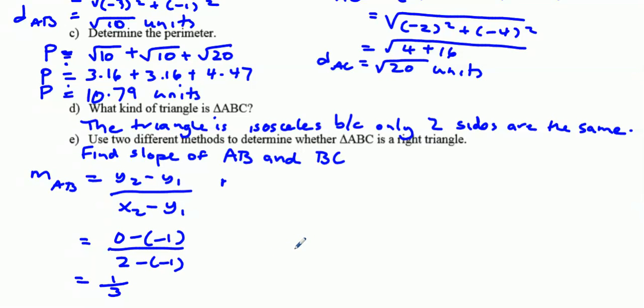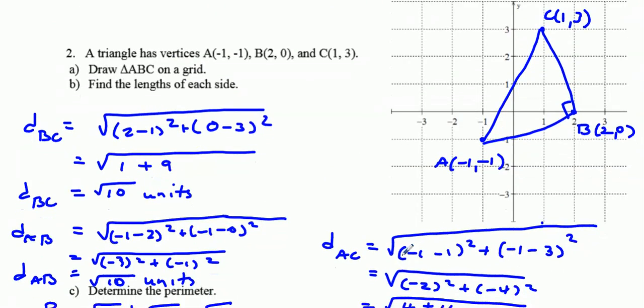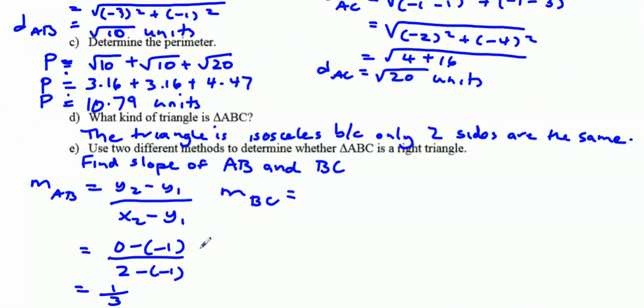The slope of BC, go back and have a peek at that. I won't write the formula out for that one, but the slope of BC is 0 minus 3 over 2 minus 1, negative 3 over 1.